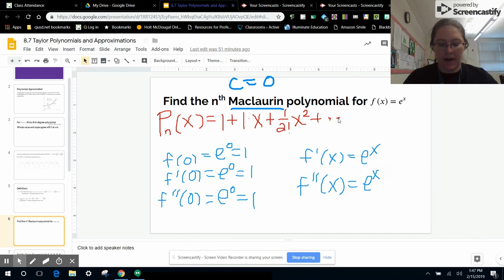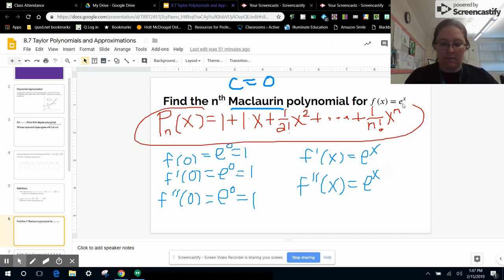So we're seeing a pattern here, and that pattern is 1 over n factorial x to the nth power. And this is my nth degree Maclaurin polynomial.